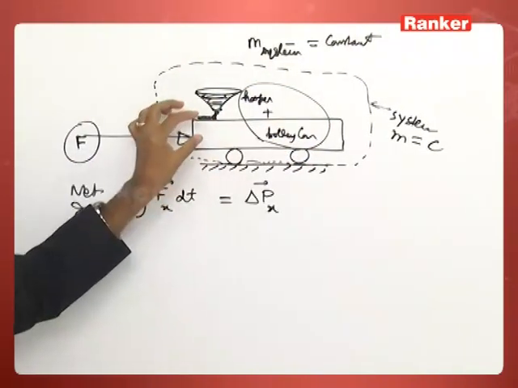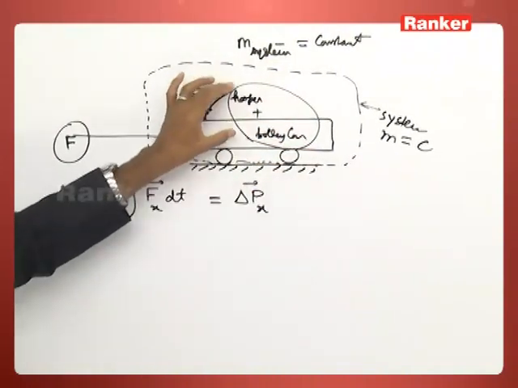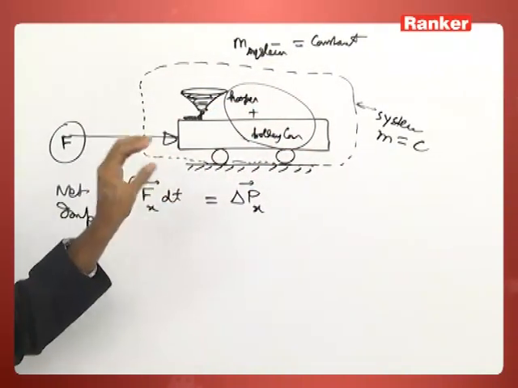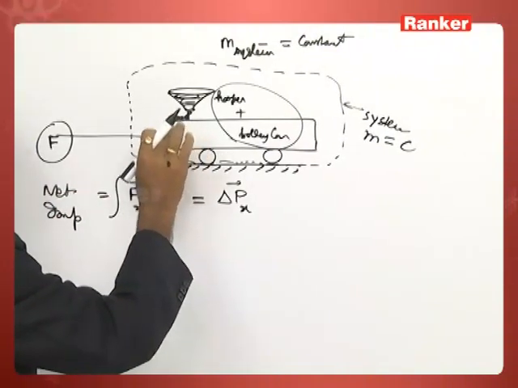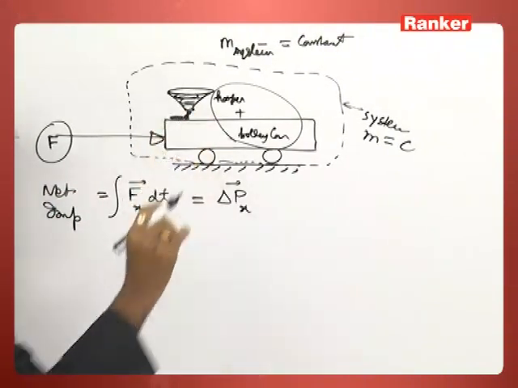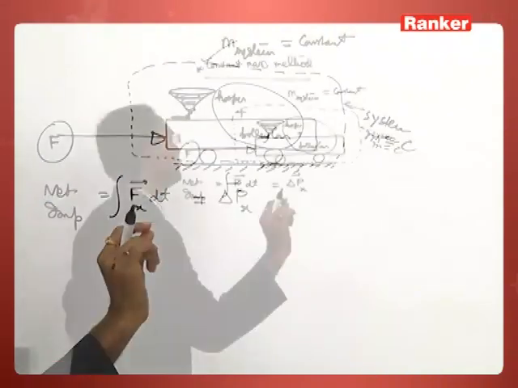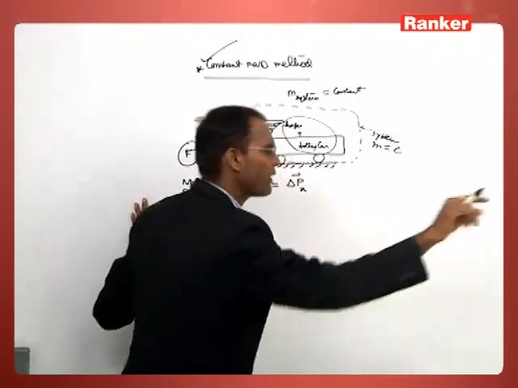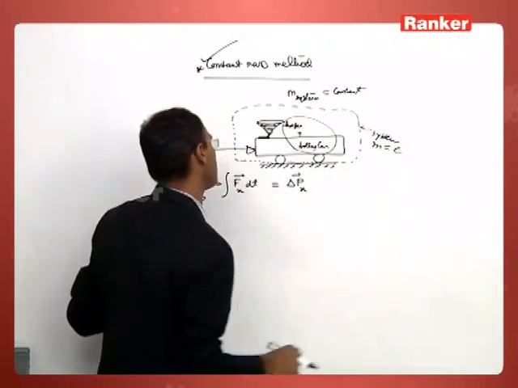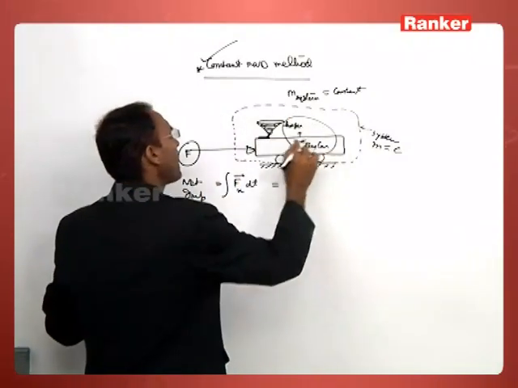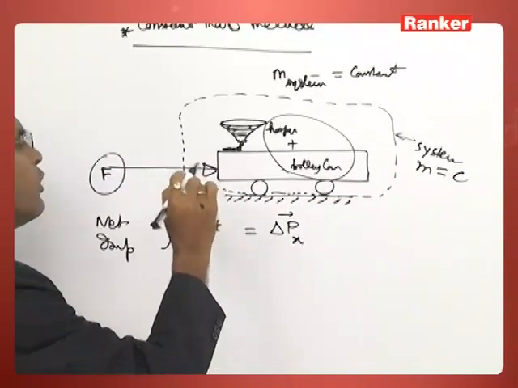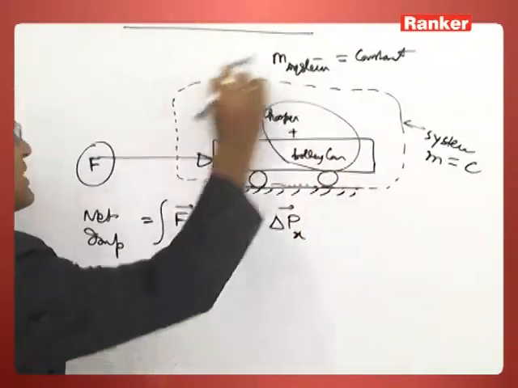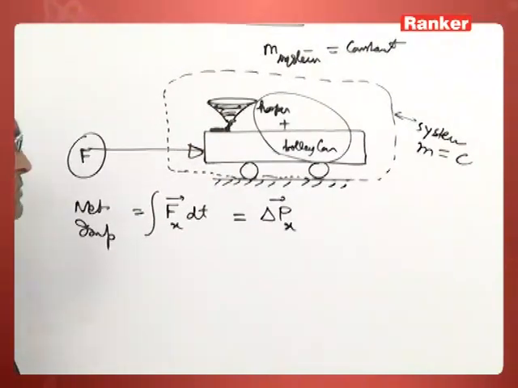As a whole, this impact force for the system hopper plus trolley car is an internal force. One impact force is acting on the trolley car, another impact force is acting on the colliding sand particle in forward direction or in positive x direction. Therefore, impact force as a whole will be 0 on this system of constant mass.